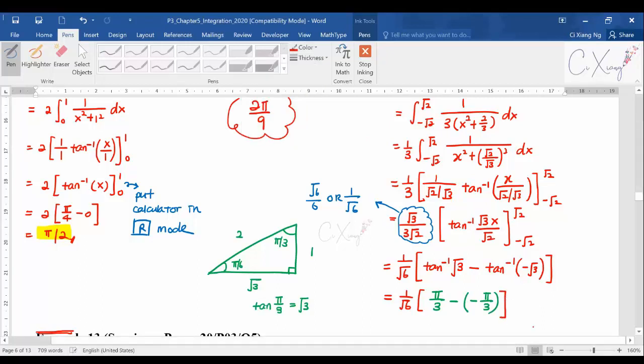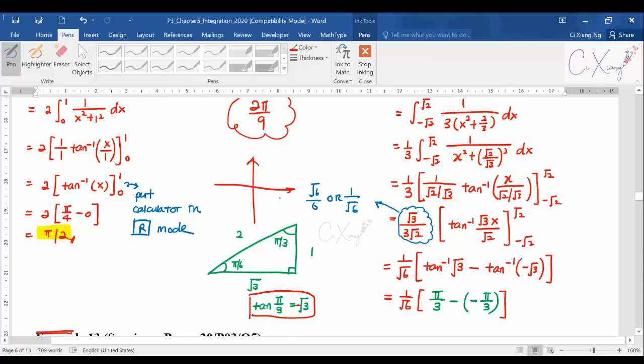Okay, so some students might ask, how do I know that it should be a negative pi over 3, but not some other thing else. Again, if you want to know the big idea behind this, then you need to know first, tangent pi over 3 is equal to square root 3. But now they want to find out the negative square root 3.